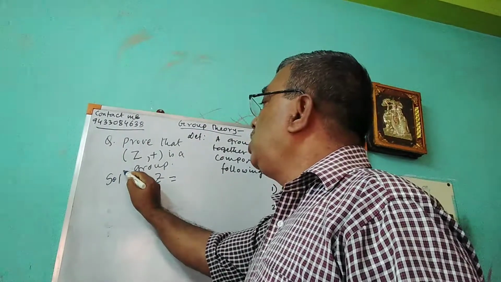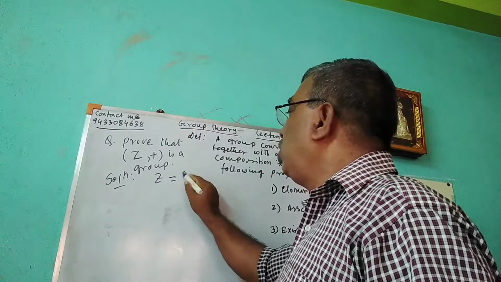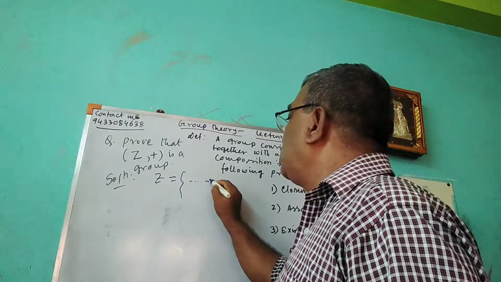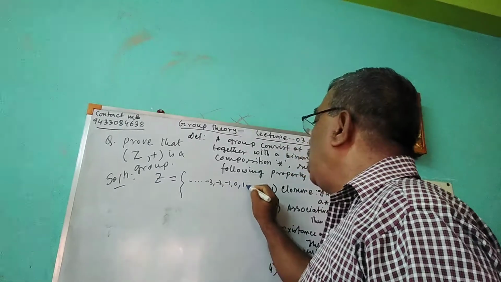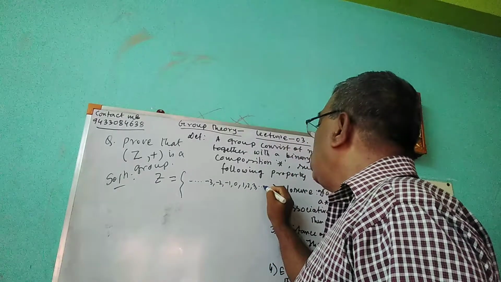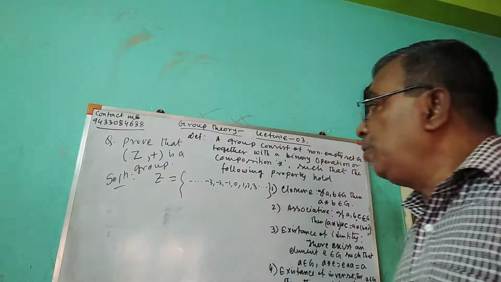Solution: what is Z actually? Integers, that is dot dot dot, -3, -2, -1, 0, 1, 2, 3, dot dot dot. This is Z.